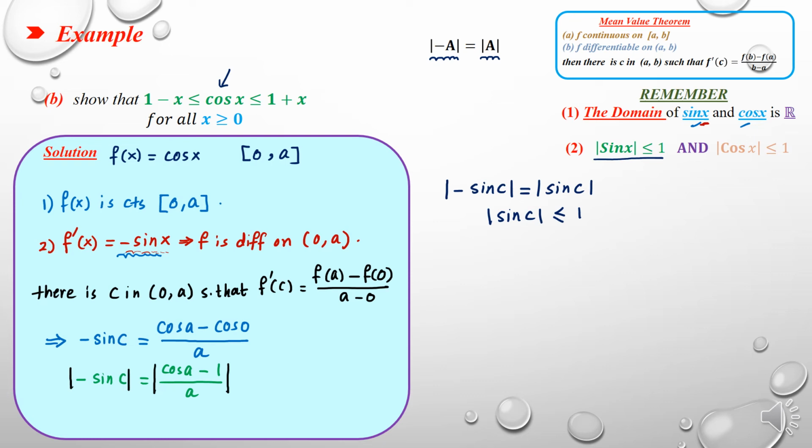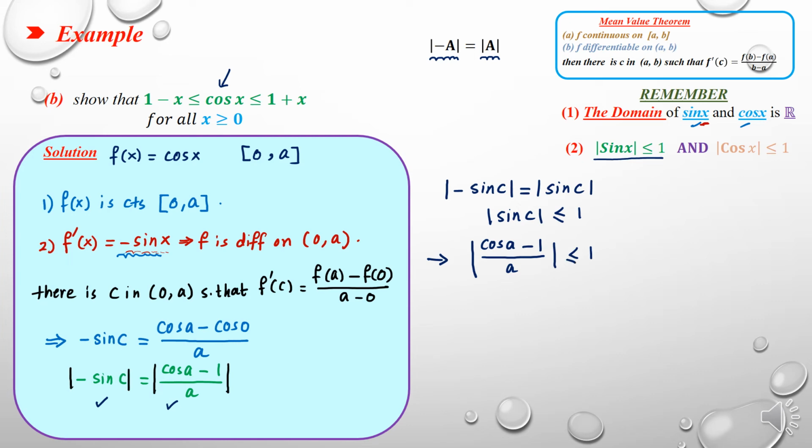So this means, since the absolute value of sine c equals the absolute value of this rational expression, we have the absolute value of cosine a minus 1 divided by a is less than or equal to 1.